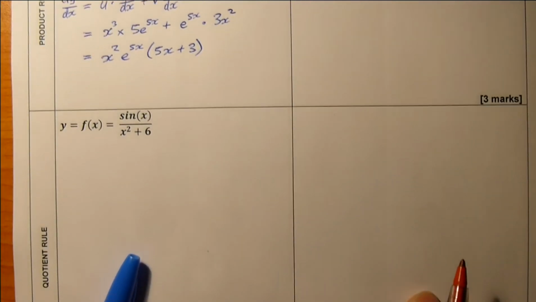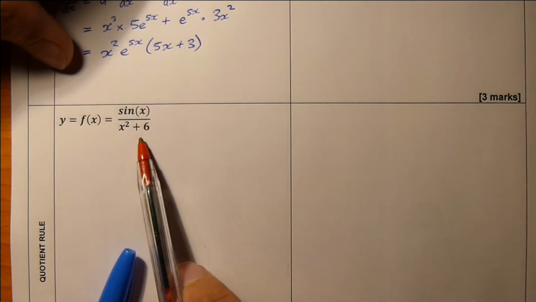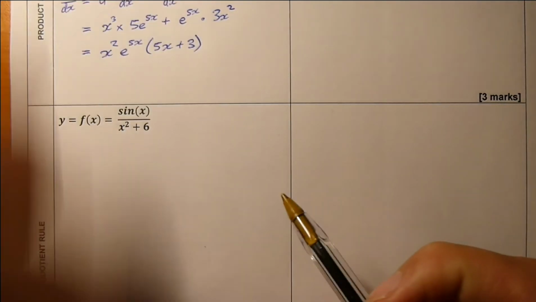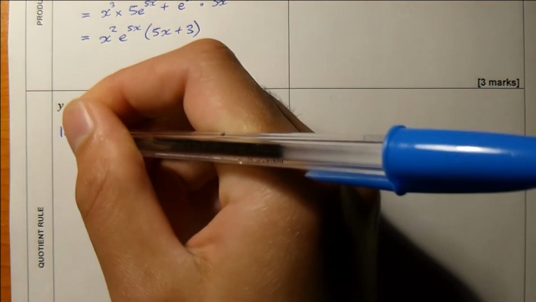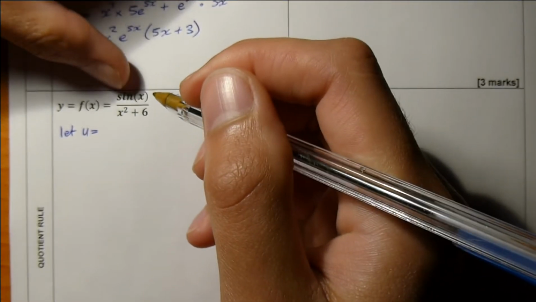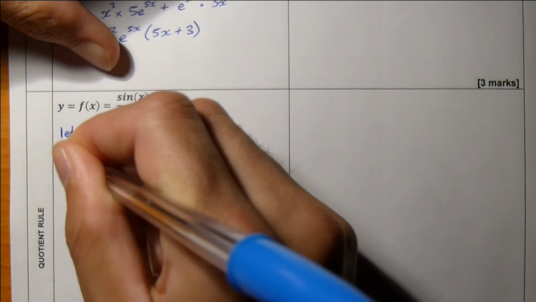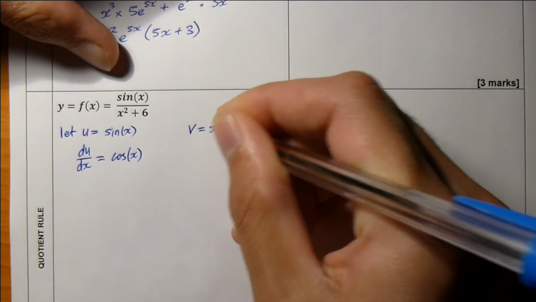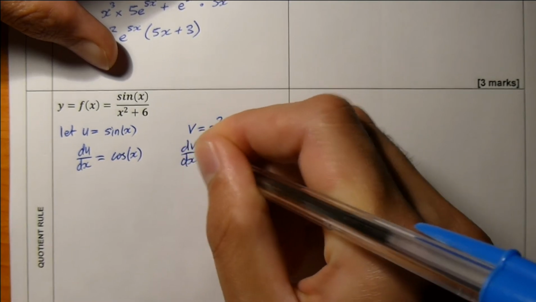Okay, and the last rule that we've got now is the quotient rule, and the way I can tell is I've got a sine on the top here and the x squared plus 6, so one function being divided by another function. Alright, let u equal the top, sine x, du/dx, derivative of sine is cosine, cos x, v is equal to the x squared plus 6, the bottom, and dv/dx is equal to 2x.